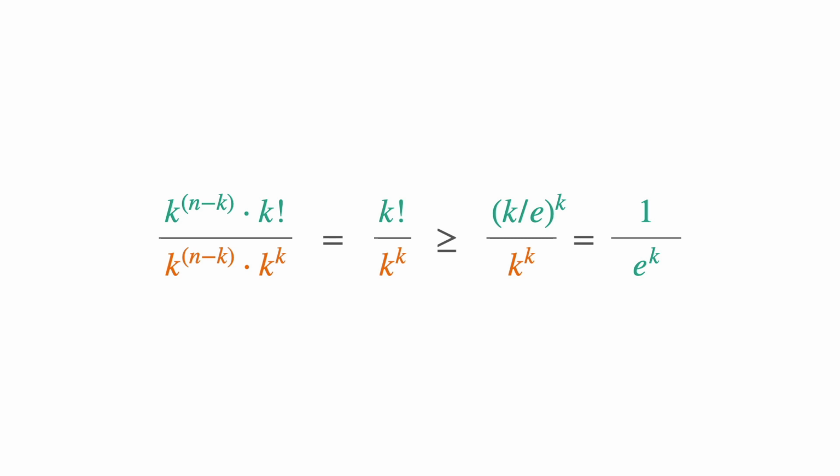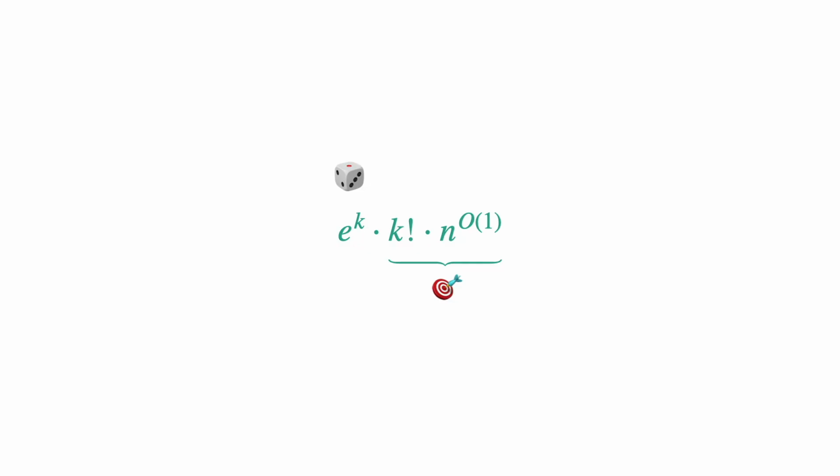So now let's put everything together and take a look at the overall running time. What we have is e to the k coming from the boosting part of the argument, the repetition of the random experiment, and we had this k factorial amount of work that we did when we guessed an ordering of the color classes. Then we did a little bit of cleanup, simplifying the graph a bit, adding a source vertex, and then running a BFS.